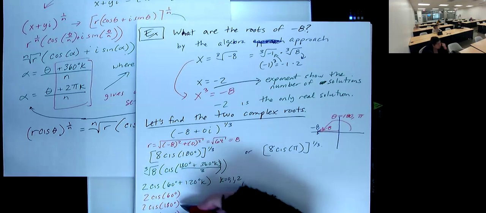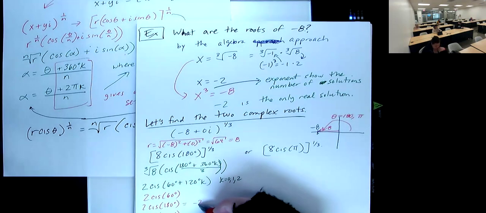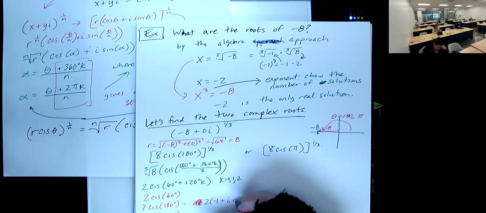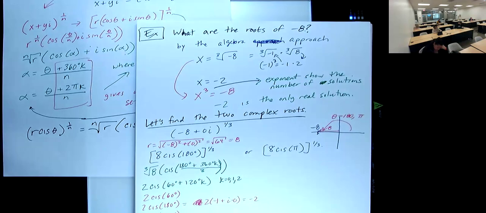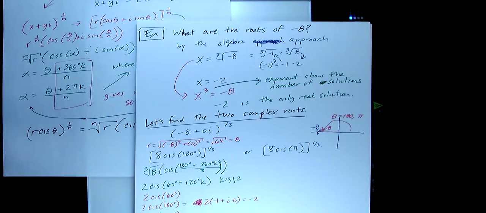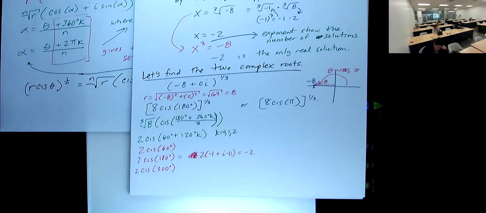This one, 2 cis 180, is the one we already got, -2. Well, let's write it the right way: 2 times -1 plus i times 0 is -2. We had that. Excuse me, could you move it up a little bit? Yeah, sorry. Thanks.